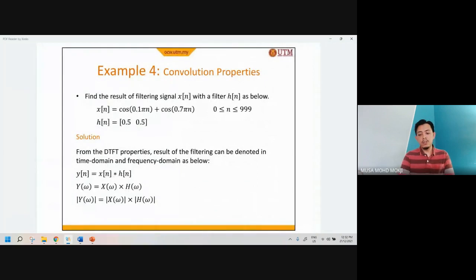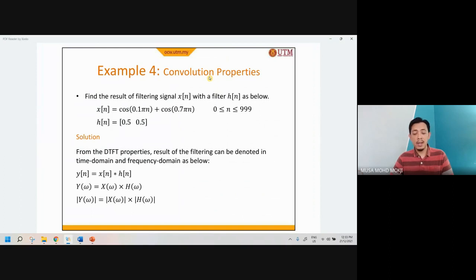And now we're going to discuss a bit on convolution properties, because what is a convolution? Convolution is actually a solution to our LTI system. So you have an input, you have the filter, okay? So how to get the output? Do convolution. And it is actually quite unique: convolution is only done on FIR.